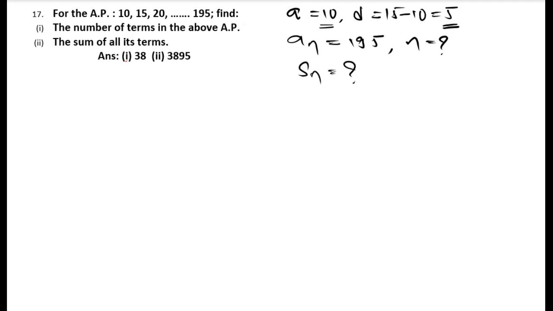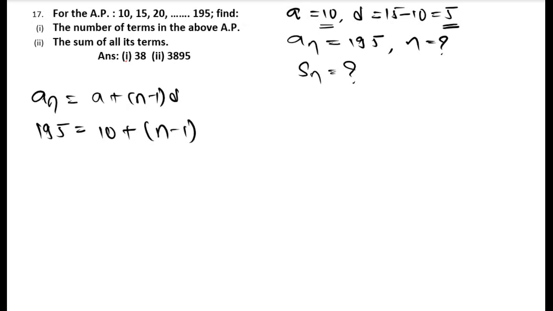Very easy. First, apply the formula of nth term. Nth term is a plus n minus 1 into d. So nth term is 195, we already know it. First term is 10 plus n minus 1 into d is 5. So 195 minus 10 is equal to 5 bracket n minus 1.